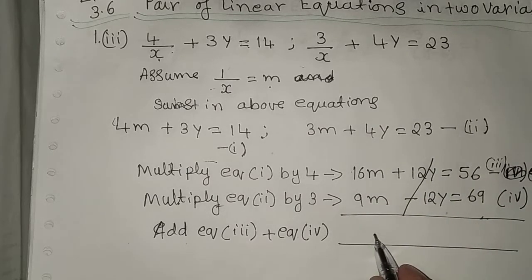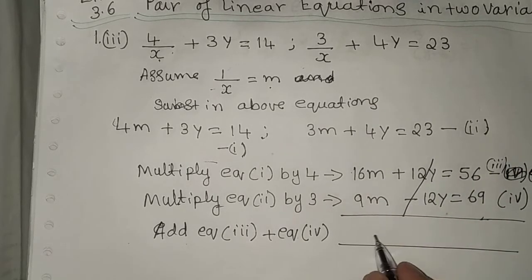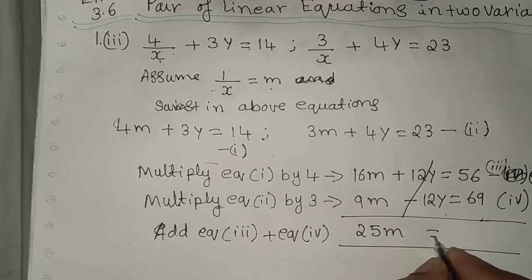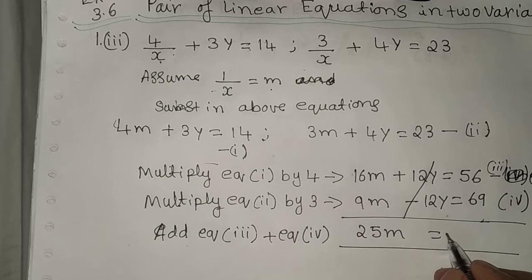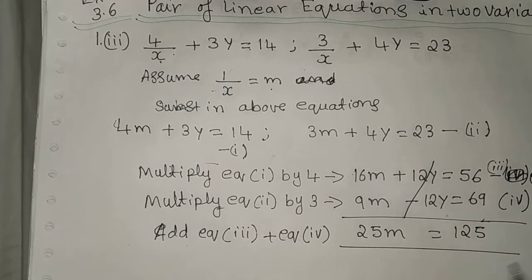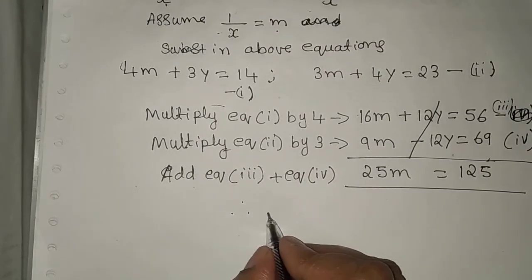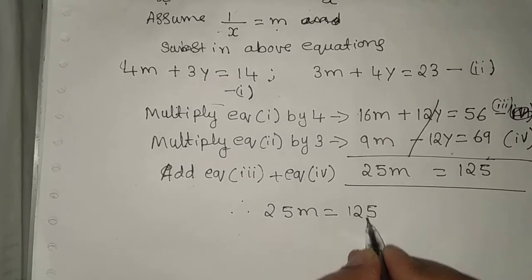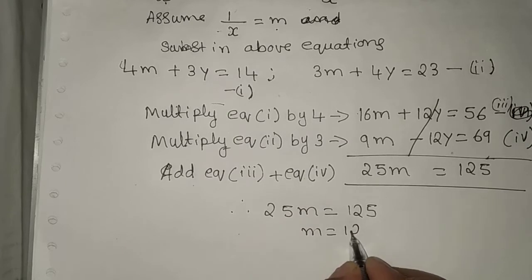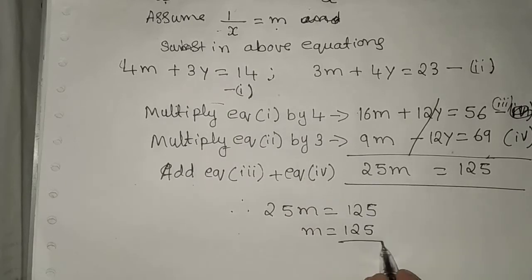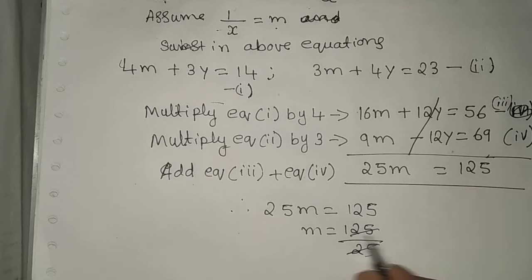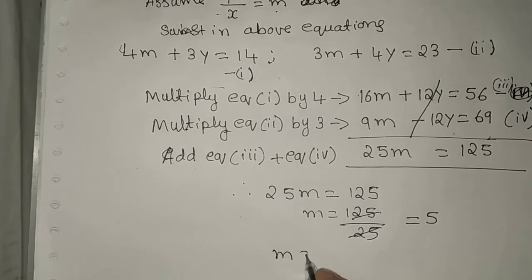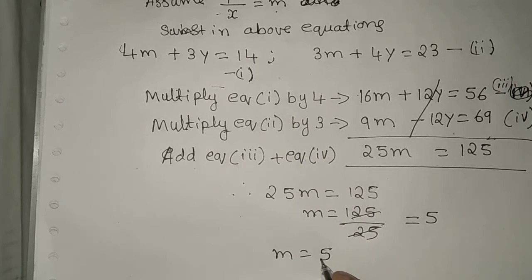Plus 12y and minus 12y cancel. Adding, we get 25m is equal to 56 plus 69, which is 125. Therefore 25m is equal to 125, so m is equal to 125 by 25, which is equal to 5. Finally, we got m equal to 5.